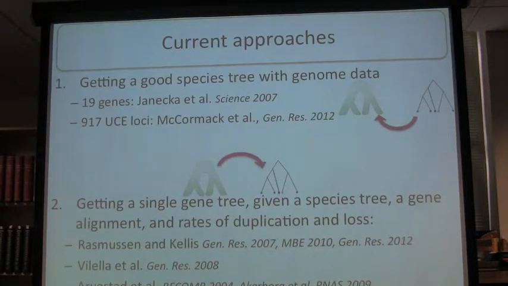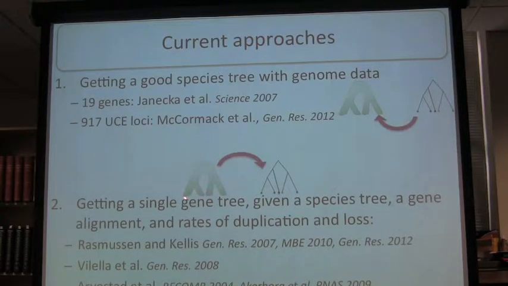And usually, when people want to reconstruct, for instance, a good species tree, they just cherry-pick a few genes and just go this way from the gene trees to the species tree. And then the other way around, when you're just interested in the evolution of a particular gene family, because you know that the gene has a function of interest, then the best approach is just rely on a species tree that is assumed to be known, and just go this way.